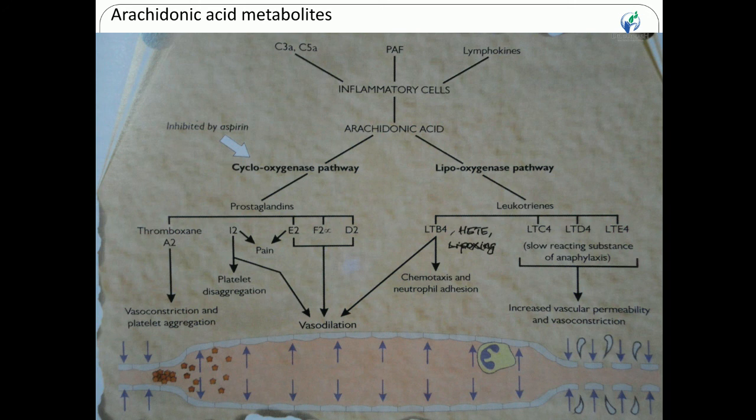It is then further activated to form arachidonic acid metabolites, or the eicosanoids, by two specific pathways: the cyclooxygenase pathway or the lipoxygenase pathway.